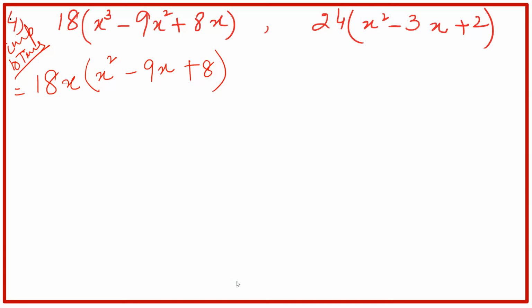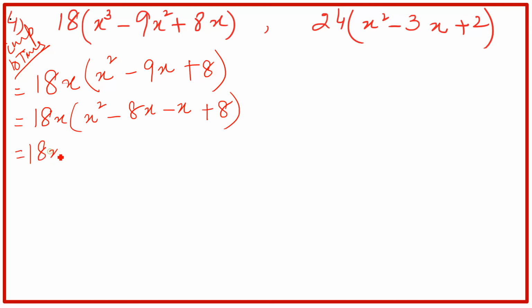Right? Okay. So what we will do next, we will make the factorization. Just write down 18x as it is minus 8x minus x. So it will be negative 9x, but when we multiply, it will be 8x square. So 18x, x we will take as a common x minus 8 minus 1 x minus 8.